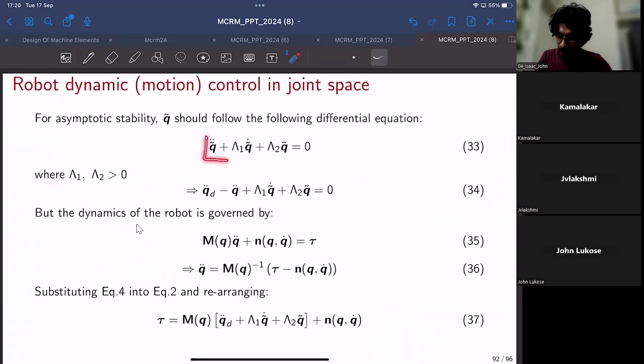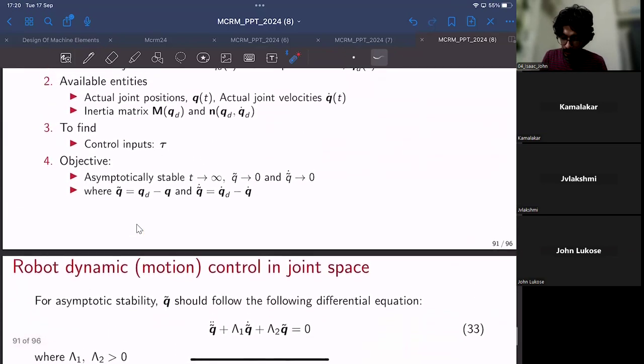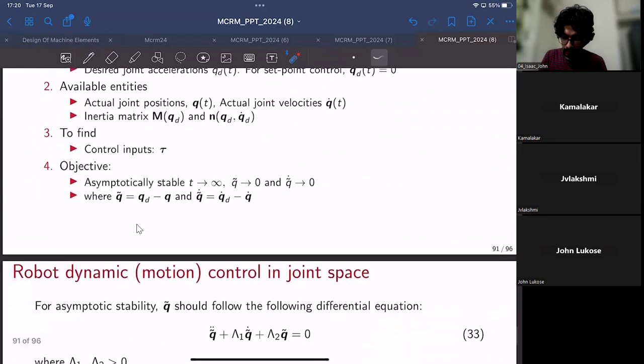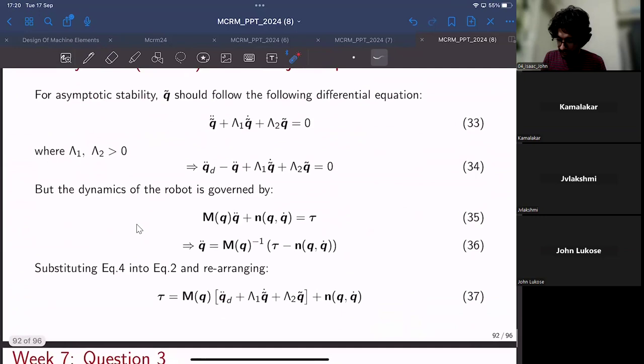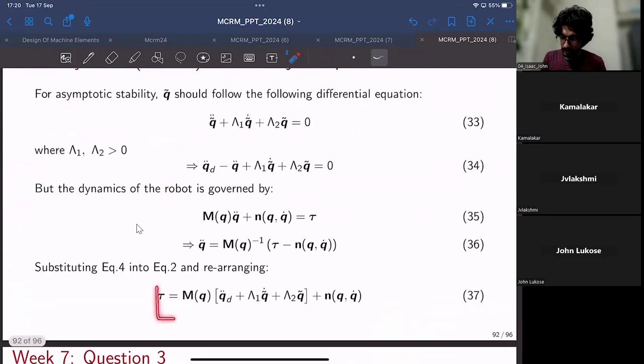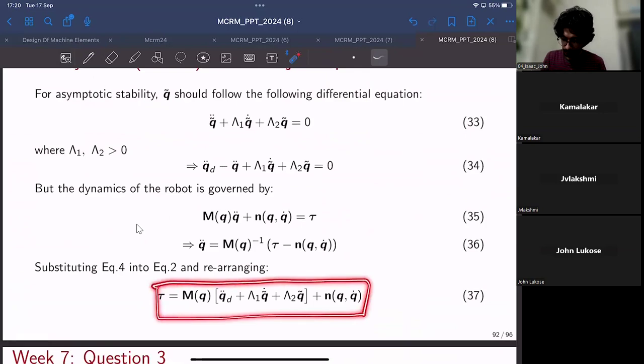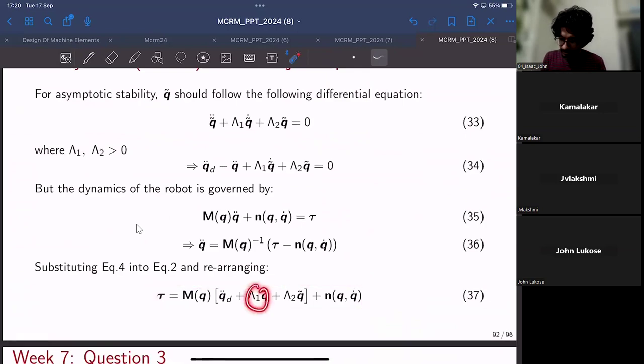So if we force our system to behave as per this differential equation, the error q tilde and q tilde dot will asymptotically tend to 0 as time tends to infinity. If that is the case, then the control input would be as per this equation, where these two are the feedback terms. So that makes it a closed loop controller.